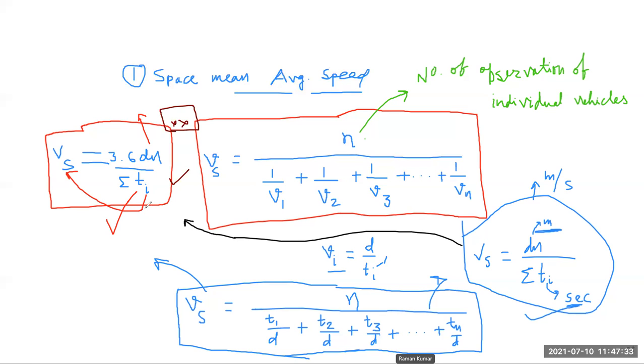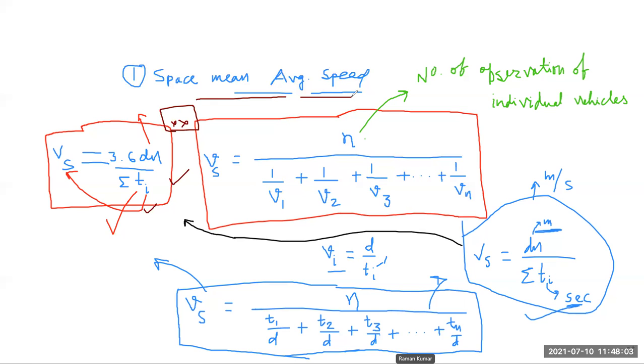Please remember this formula, because in every examination they ask questions from space mean average speed, spot speed, or time mean average speed. These are three important speeds. One is spot speed, another is space mean average speed, and the last is time mean average speed.